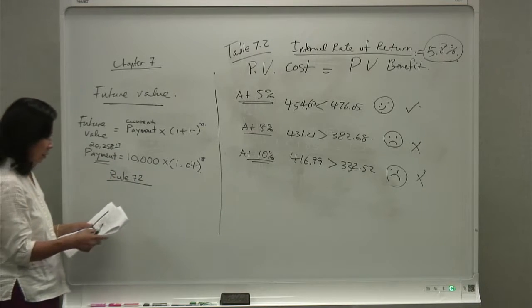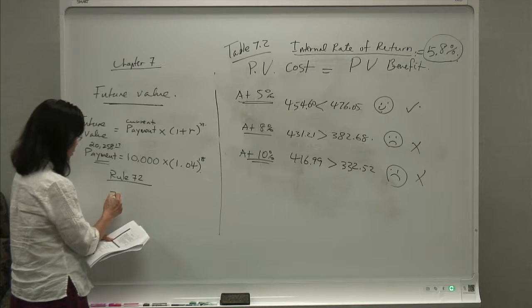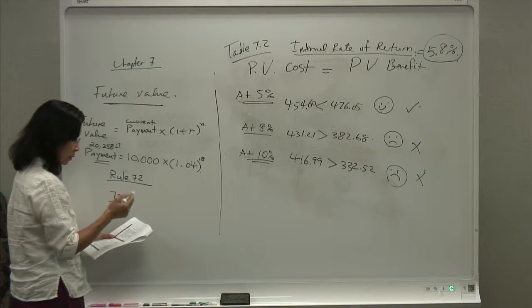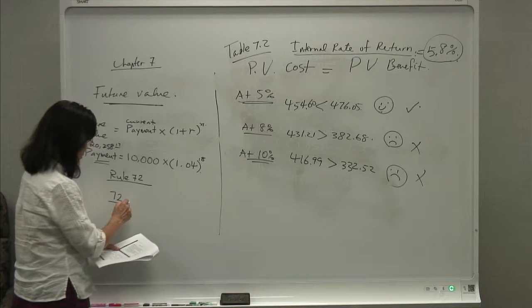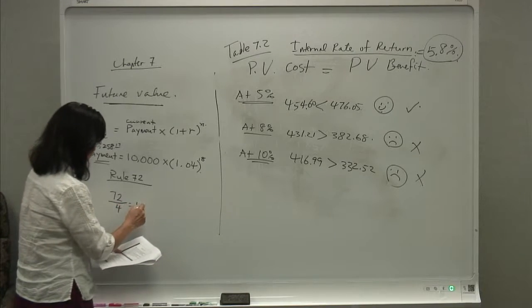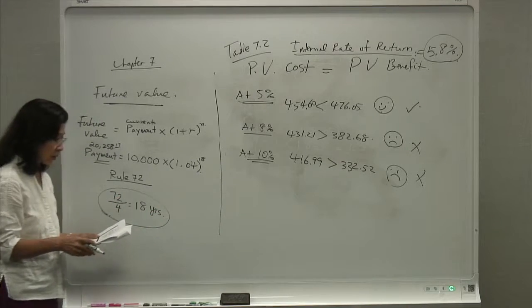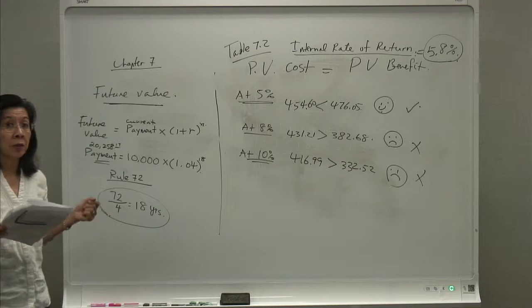What you have to do is take 72 and divide by the interest rate, which in this case is 4%, and you actually will get exactly 18 years. So what this is saying is how long does it take for your money to double?